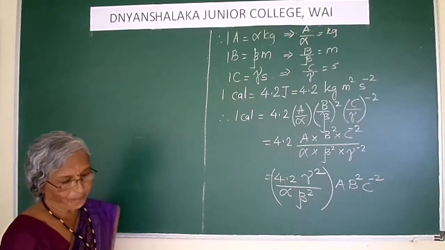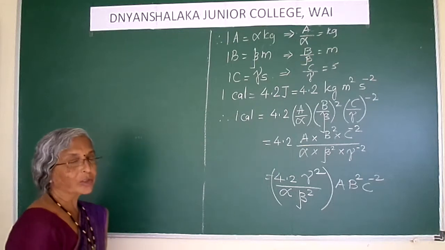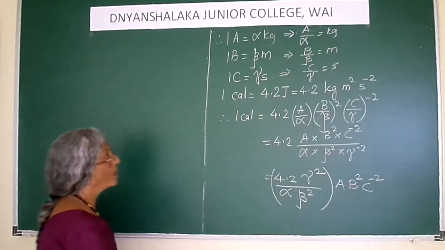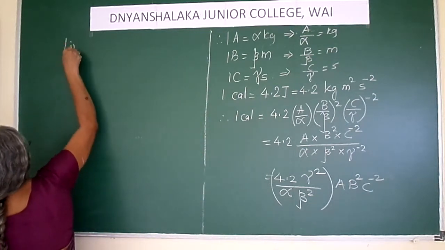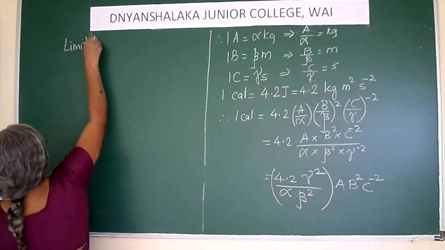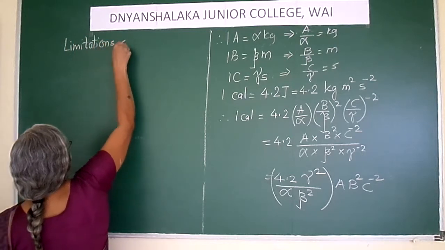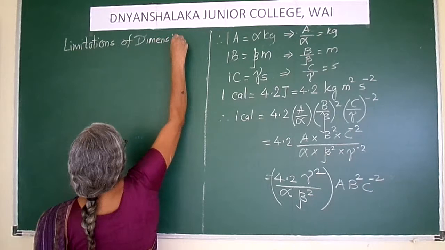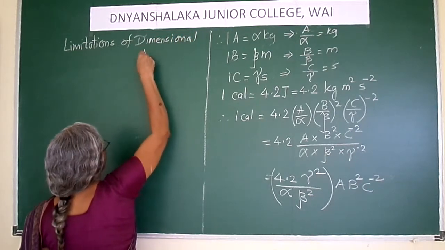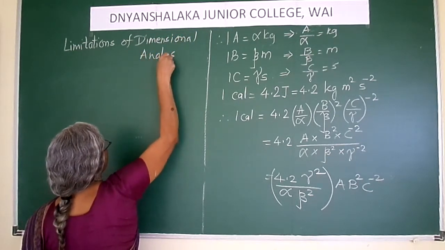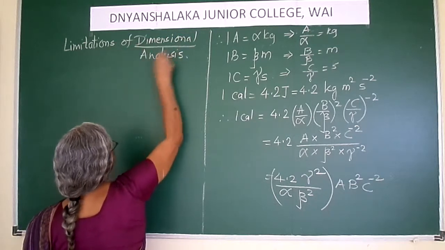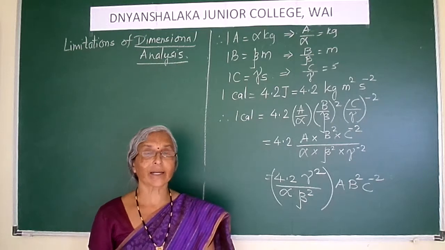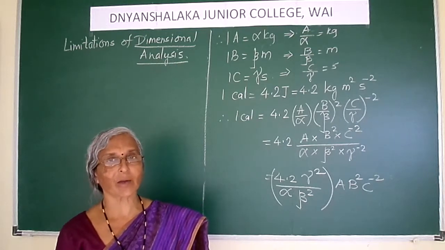Okay students, now we are going to pass on to the limitations of dimensional analysis. We have seen the uses of dimensional analysis. What are the uses? Dimensional analysis is used to check the correctness of a given physical equation.